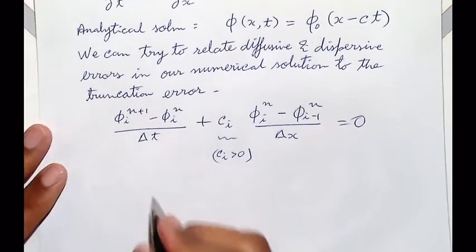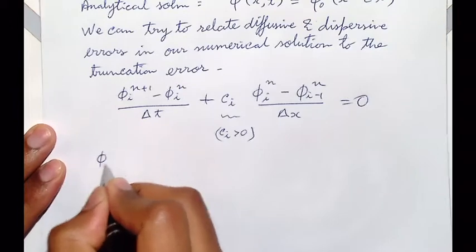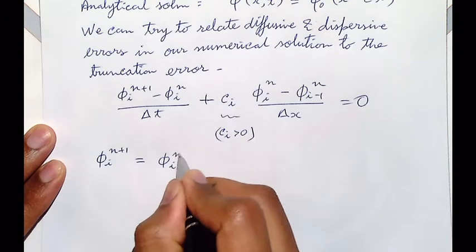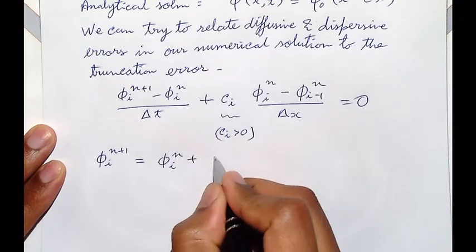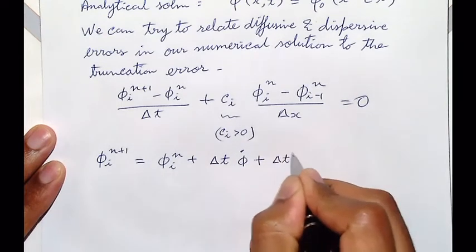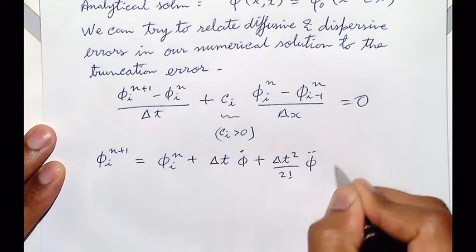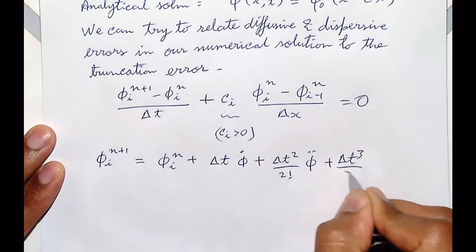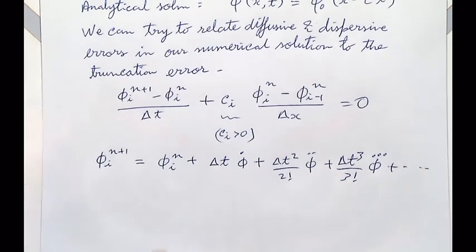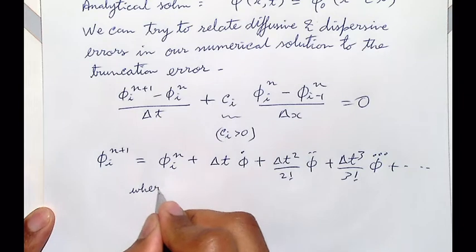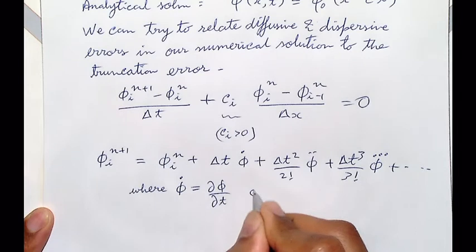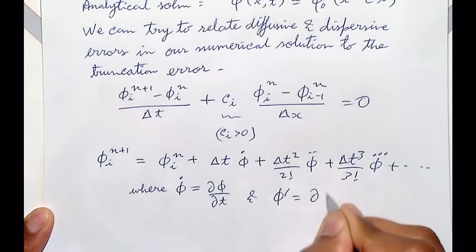If we take the Taylor series expansion of phi_i^(n+1), it gives phi_i^n plus delta t phi dot plus delta t squared over 2 factorial phi double dot plus and so on. Here phi dot is the time derivative and phi prime is the space derivative.